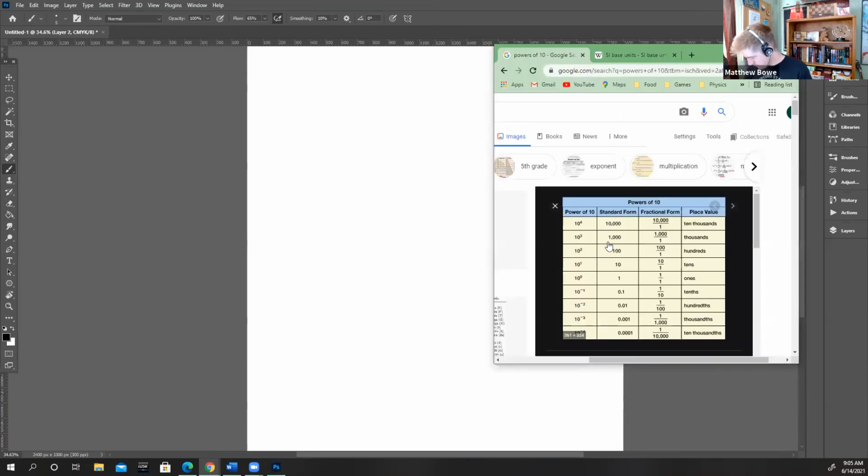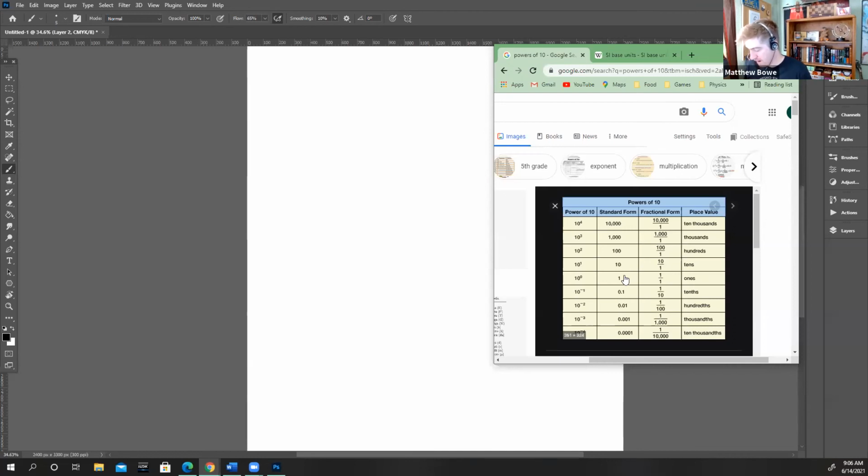So we see that in the ones place, think of these as 1 meter. That's manageable. It's about that big. 10 meters is about the size of a 4-story building.